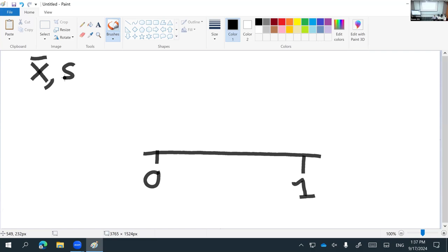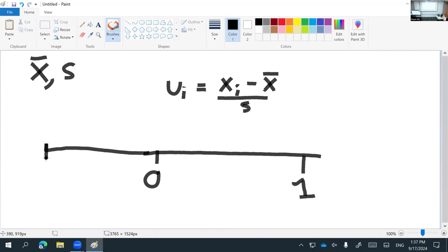I take everybody's height, subtract 1.7 and divide by 0.3. So instead of x, let's call it u, where ui equals xi minus x bar divided by s. If I did that, some people will be taller than average, some shorter than average. That's one common way of doing this.